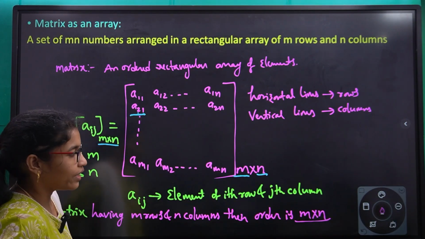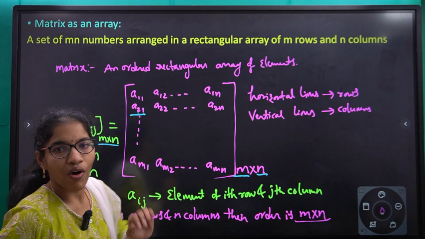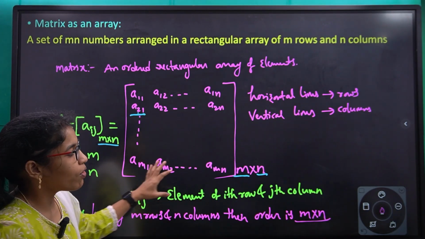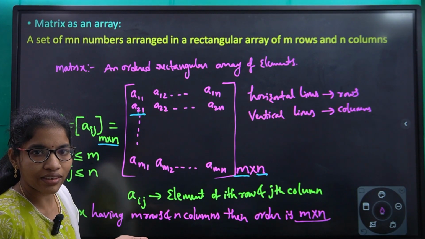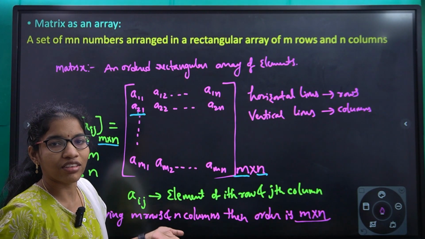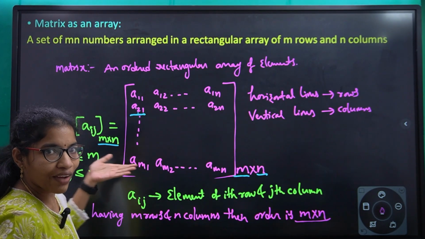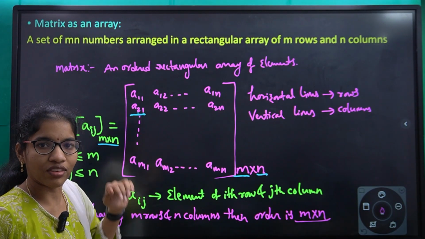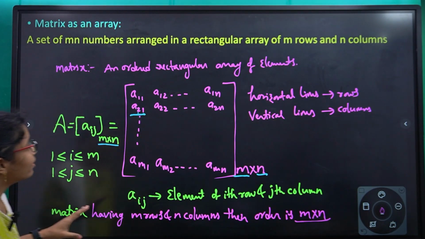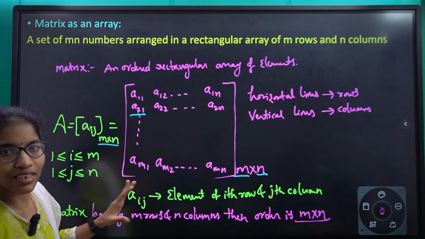Right? So here m by n represents the order of the matrix. Suppose I have a 2 by 3 matrix. What is meant by a 2 by 3 matrix? The order of the matrix is 2 by 3. So in that we have 2 rows and 3 columns. Right?